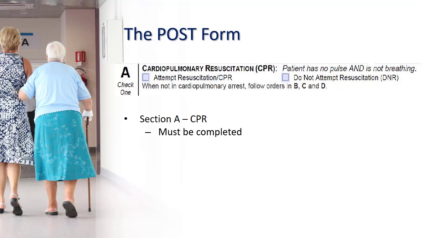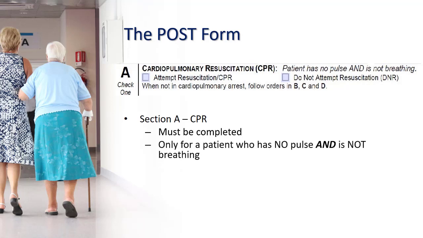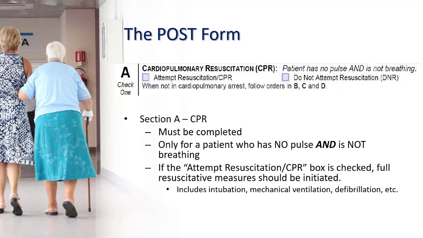And notice the definition at the top of this section. It says the patient has no pulse and is not breathing. If the attempt resuscitation/CPR box is checked, full resuscitative measures should be initiated. This includes intubation, mechanical ventilation, defibrillation, or other measures.